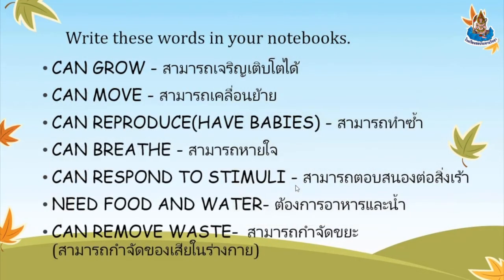So write these words in your notebooks. We have can grow, can move, can reproduce or have babies, can breathe, can respond to stimuli, need food and water, can remove waste.